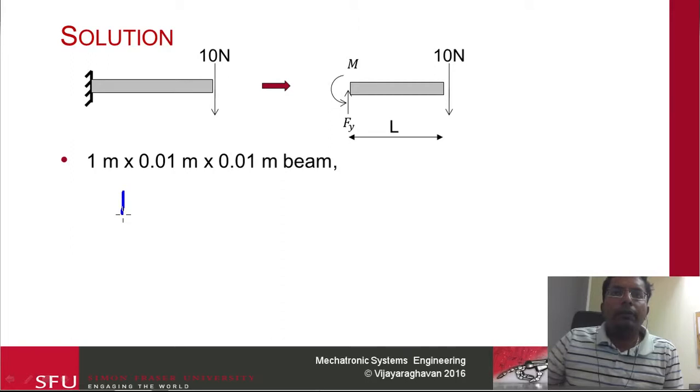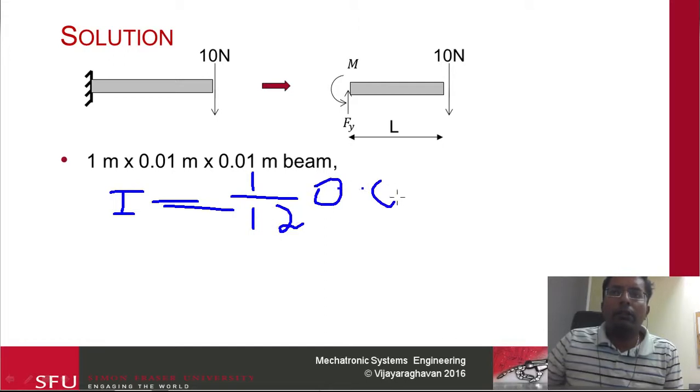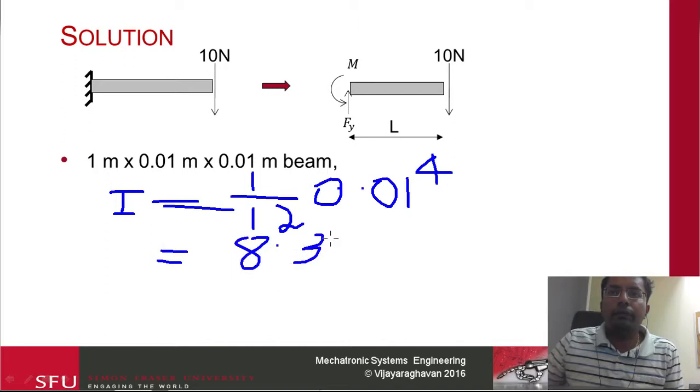I is the moment of inertia, which is 1 over 12 times 0.01, and because b and h are the same value, this becomes to the 4. When we calculate this, it becomes 8.3 times 10 to the minus 2 over here, and this is 10 to the minus 8. So this becomes 10 to the minus 10.